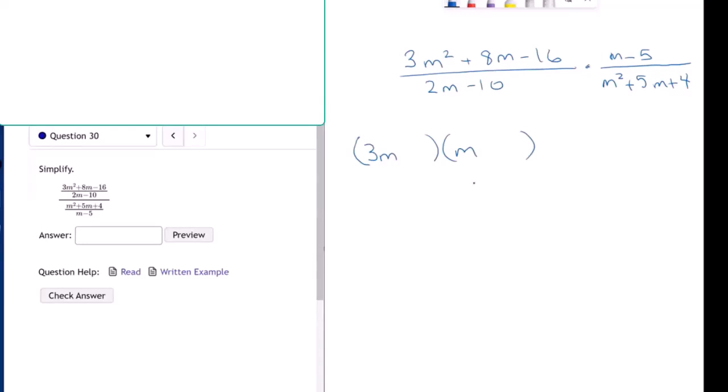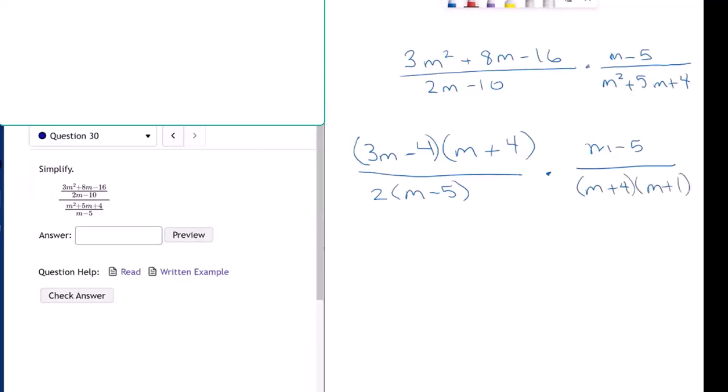So that's going to be 4 times 12. I know this is not going to make any sense, but these are both 4s. This one is positive, which gives me 12m minus 4m is 8m divided by 2 times m minus 5 times m minus 5 divided by m plus 4 times m plus 1.